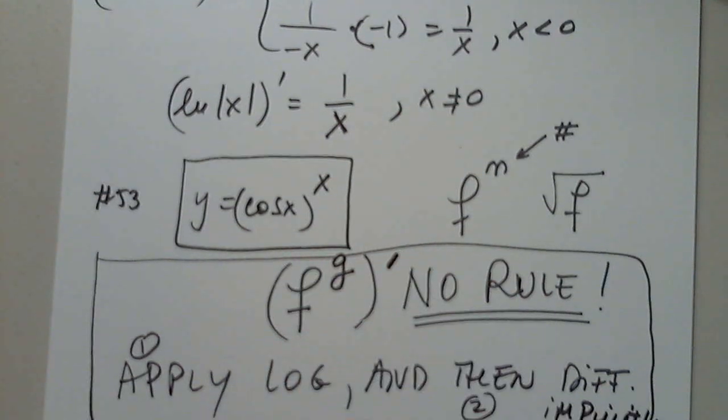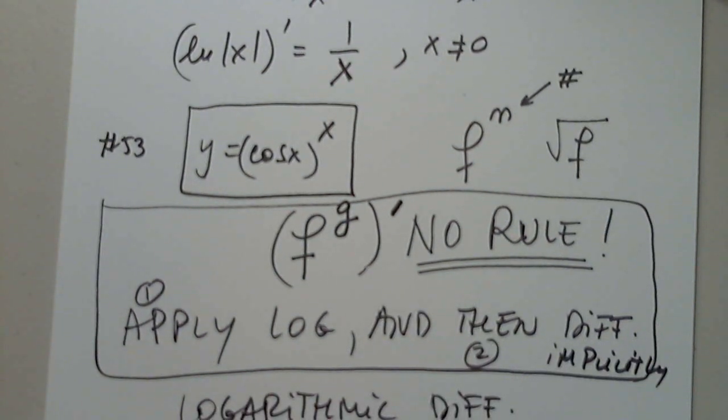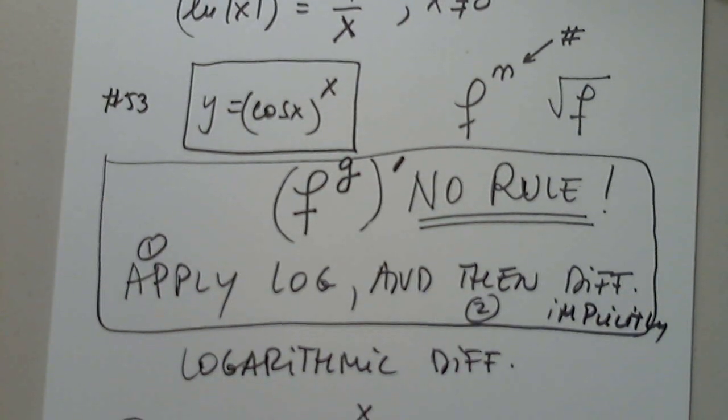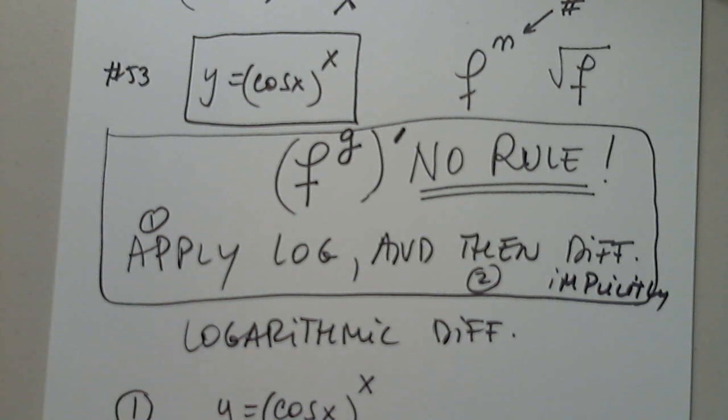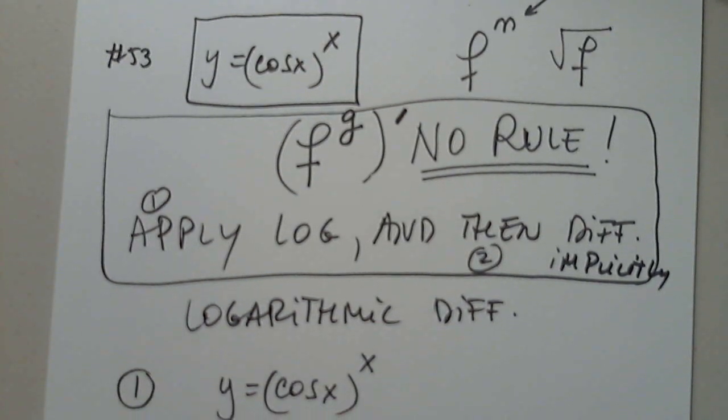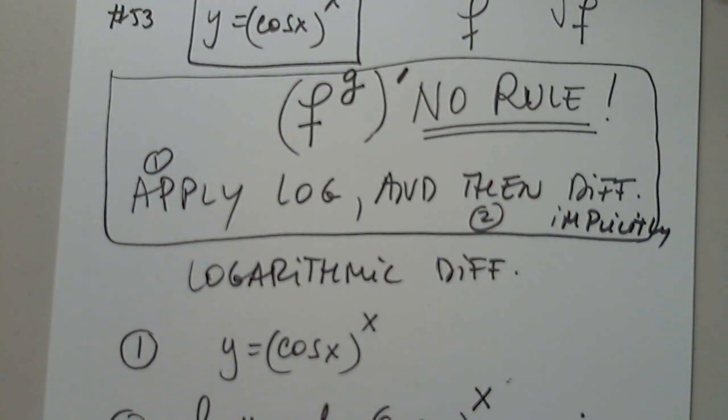So coming back to our example, our first step, we have y equals cosine x raised to power x. We have to apply natural log to both sides. So in step 2, I have natural log y equals natural log of cosine x raised to power x. Can anyone tell us what happens next? What do I have to do next?